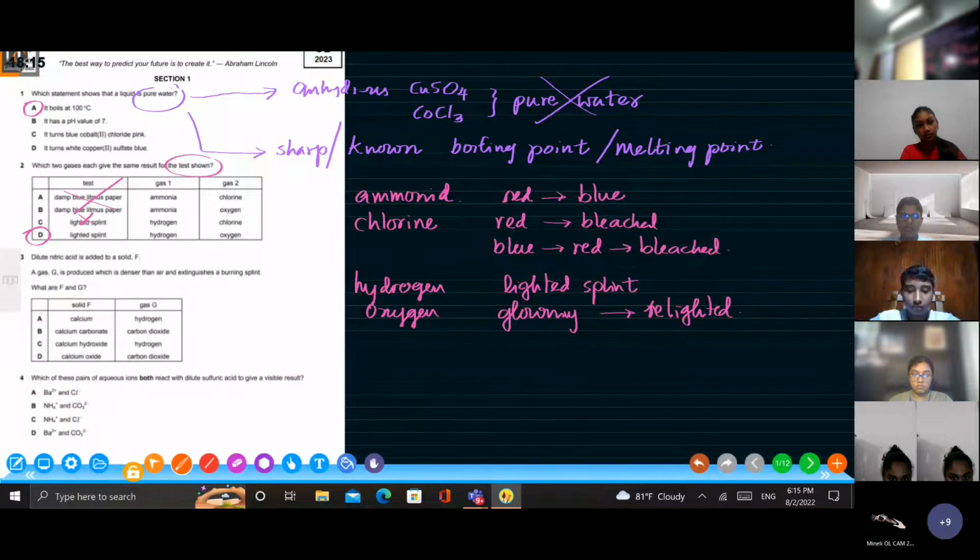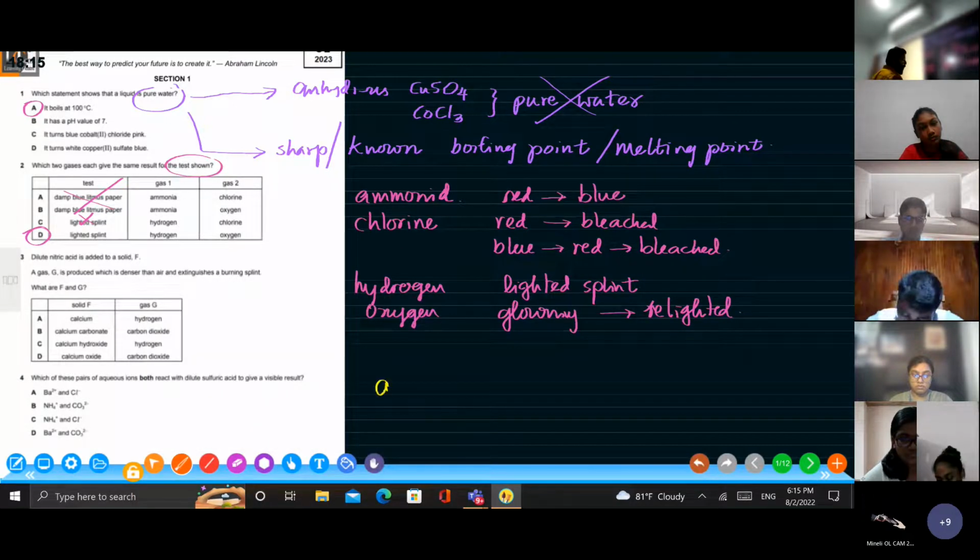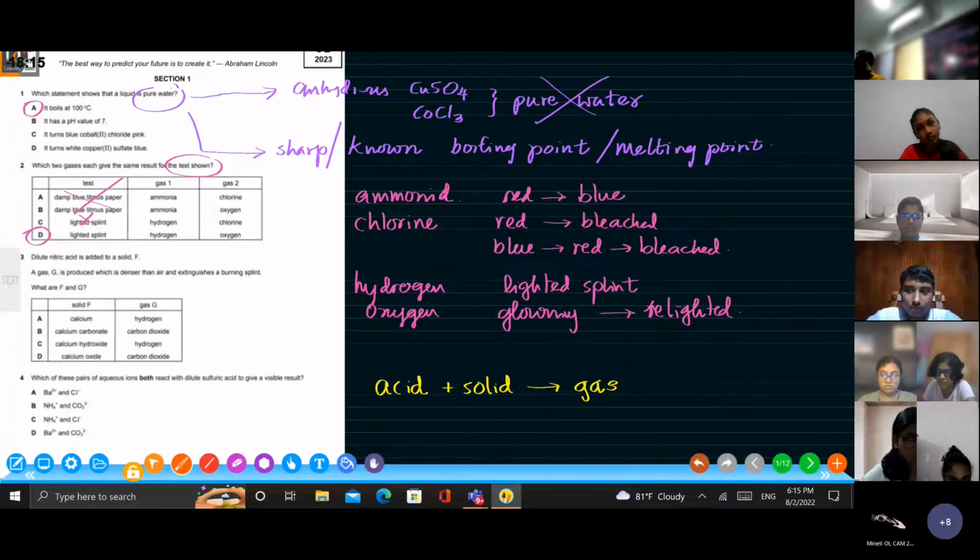Dilute nitric acid is added to a solid. A gas is produced which is denser than air and extinguishes a burning flame. I know you can answer this, but that's not what I want you to understand. Remember, when you put an acid into a solid and you get a gas, there are three types of solids that can give this observation.